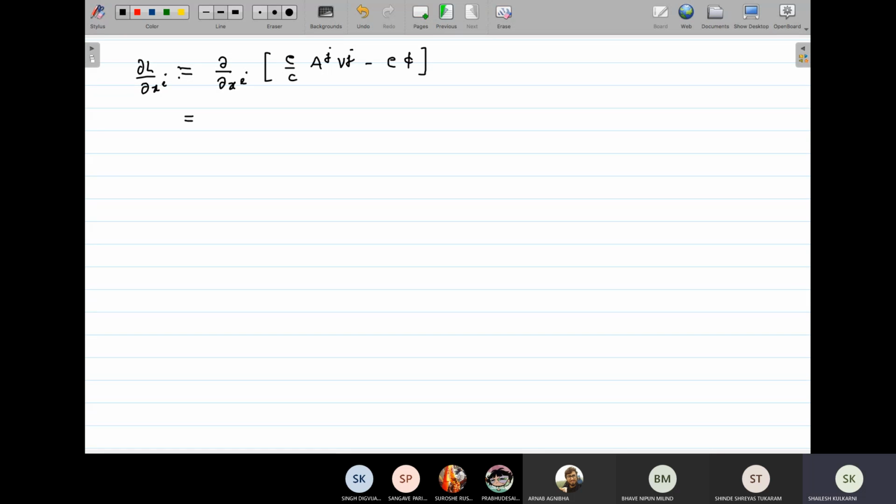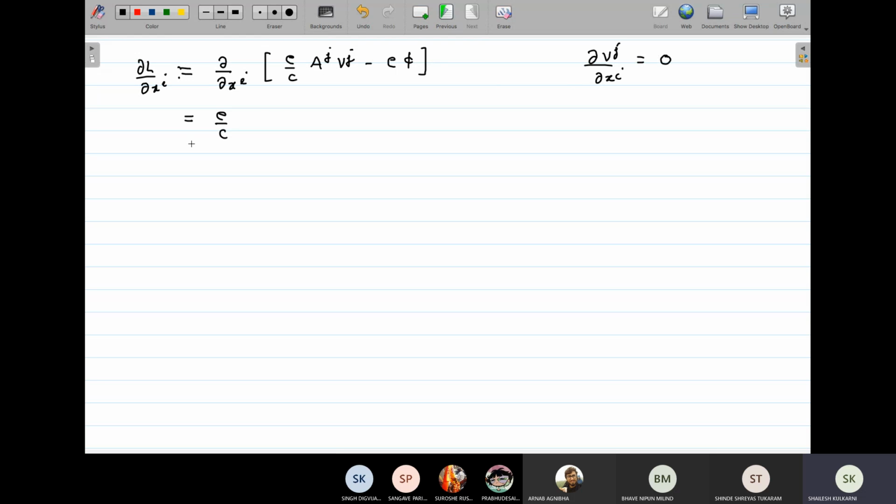So this is equal to e/c v_j. This will act on A_j, and this ∂/∂x_i will act on v_j, but ∂v_j/∂x_i is 0, right? Because the v_j's are independent functions of the x_i's.